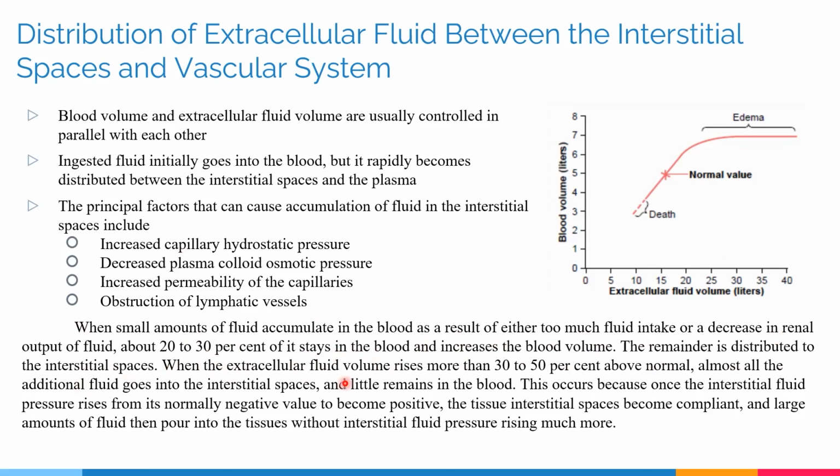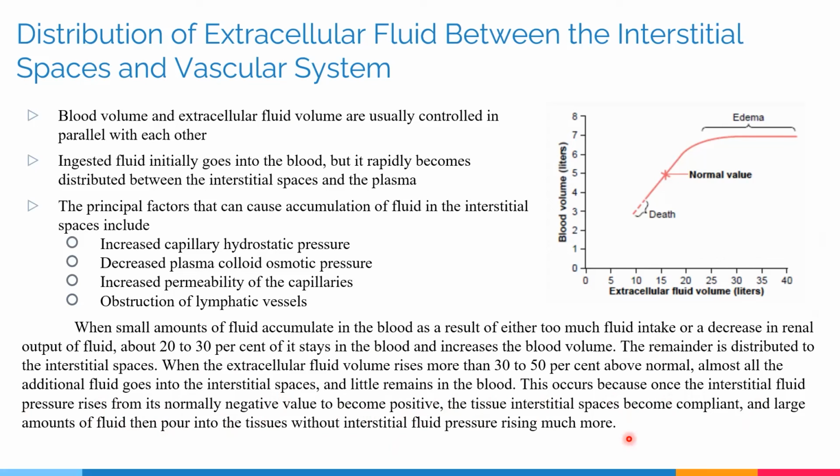When the extracellular fluid volume rises more than 30 to 50% above normal, almost all additional fluid goes into the interstitial spaces and little remains in the blood. This occurs because once the interstitial fluid pressure rises from its normal negative value to become positive, the tissue interstitial spaces become compliant and a large amount of fluid then pours into the tissues with the interstitial fluid pressure rising much more.